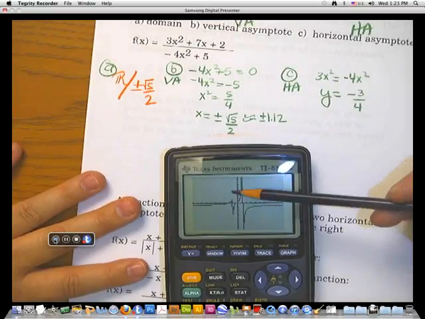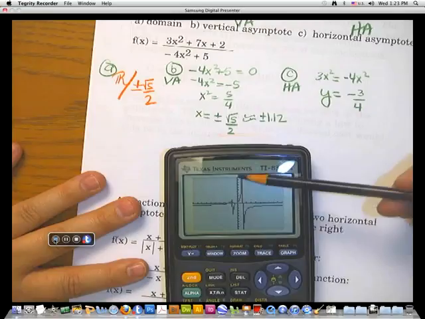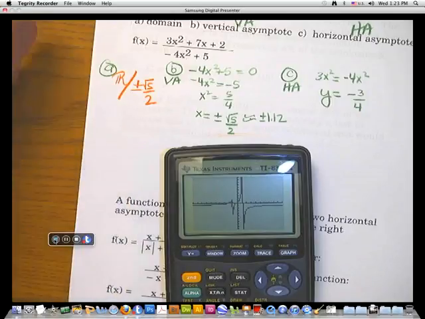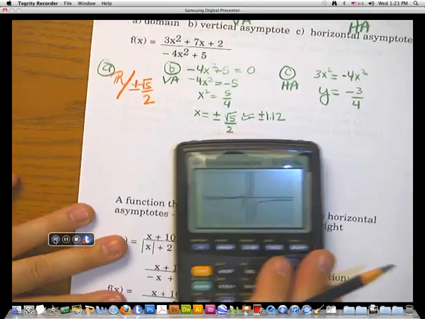Now, when you see these lines drawn straight up and down on your calculator, that's just your calculator, depending on which model you have. If you have 83, 84, newer, whatever, you may not even see those lines. Those are the asymptotes. They're actually drawing in the asymptotes.